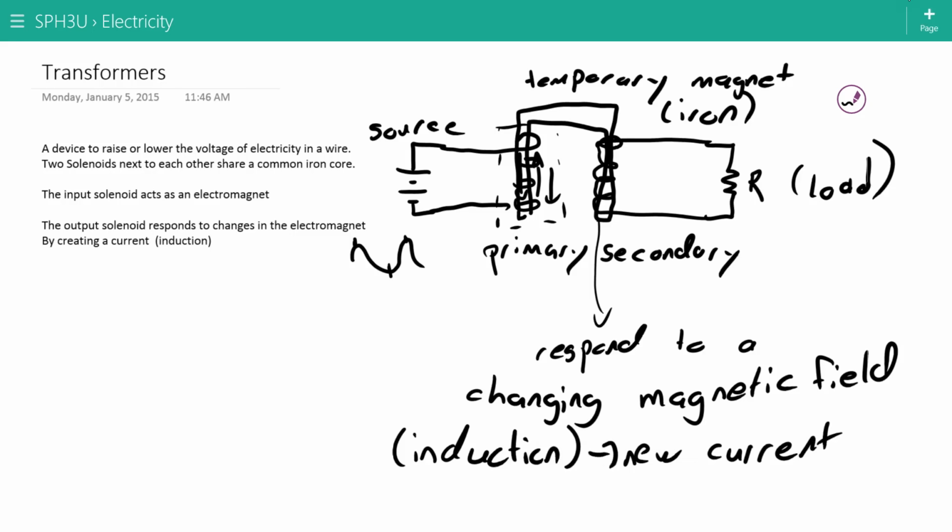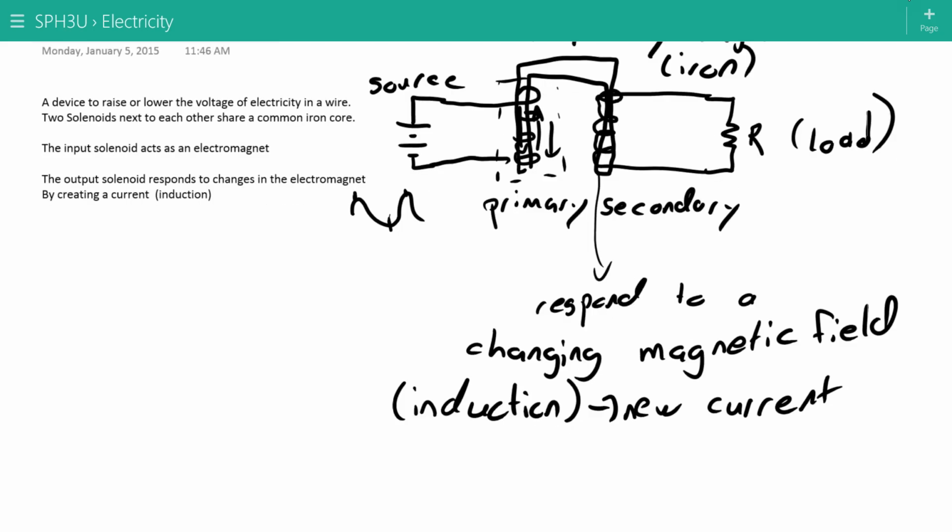So over here we put in an alternating current source that creates an electromagnet. That electromagnet is alternating up and down. That magnetic field is passed through the temporary magnet to the other side, where now we have a field that's going up and down, and as a result an induced current is formed in that wire.